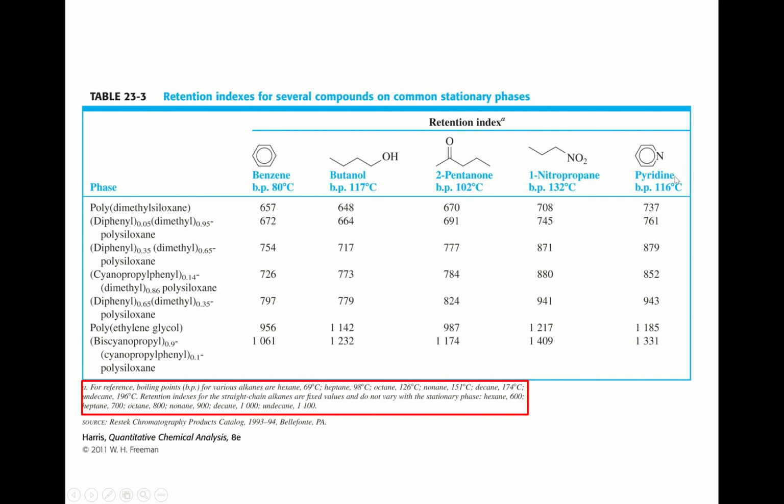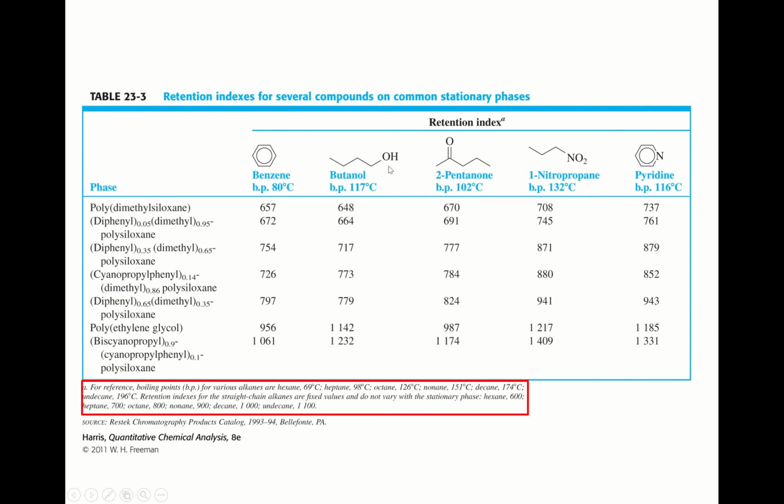Now let's take a look at polyethylene glycol, which is a strongly polar stationary phase. The benzene retention index is 956.